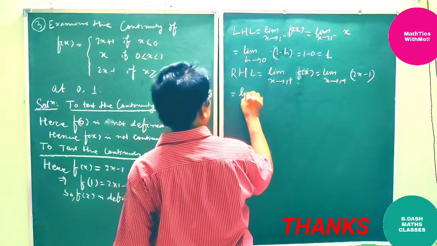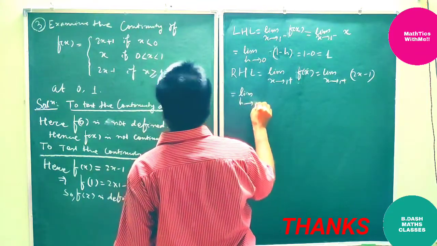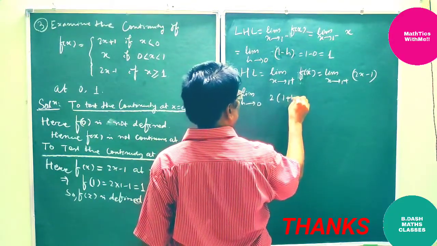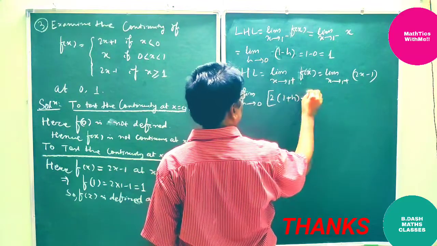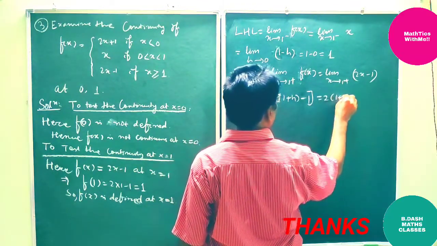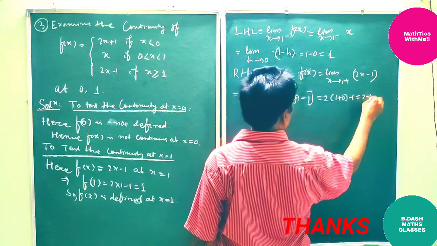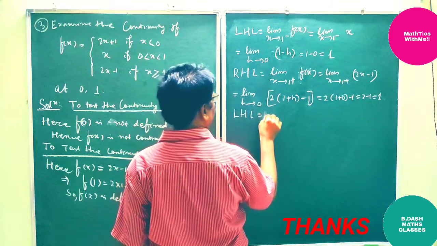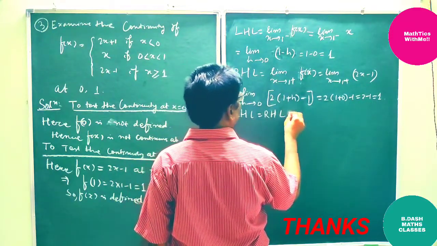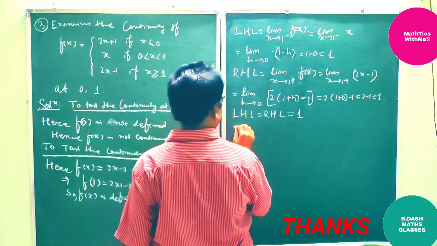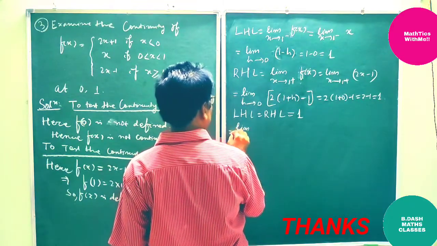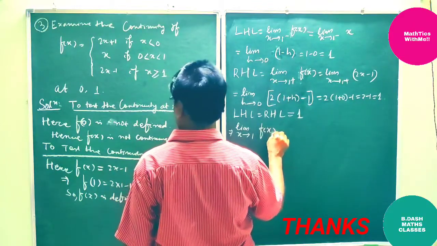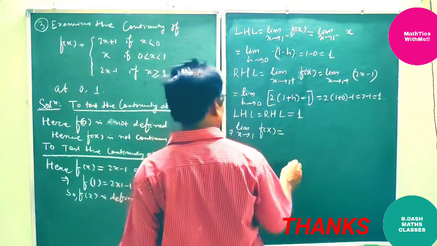So this is the limit as h tends to 0 of 2(1 + h) - 1, which is 2(1 + 0) - 1 = 2 - 1 = 1. So the left hand limit equals the right hand limit, which is 1. This implies the limit as x tends to 1 of f(x) is 1.